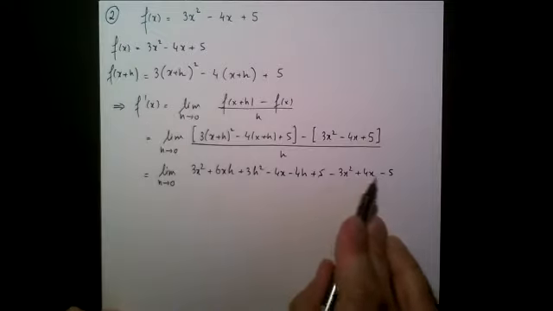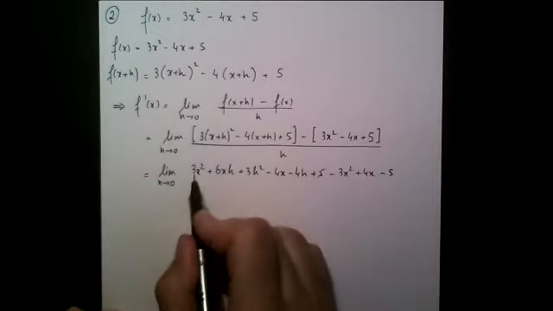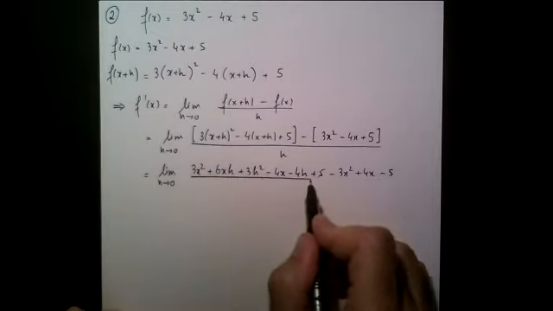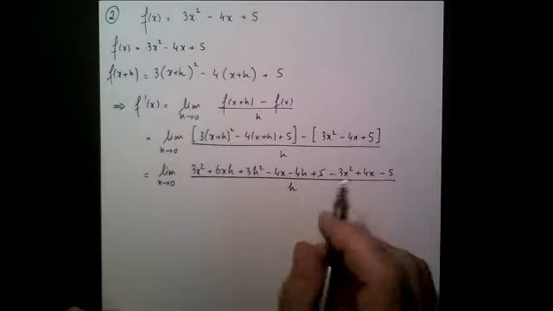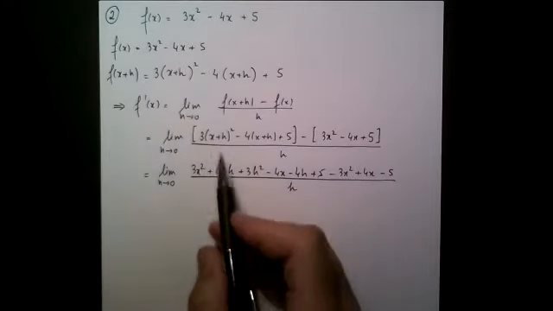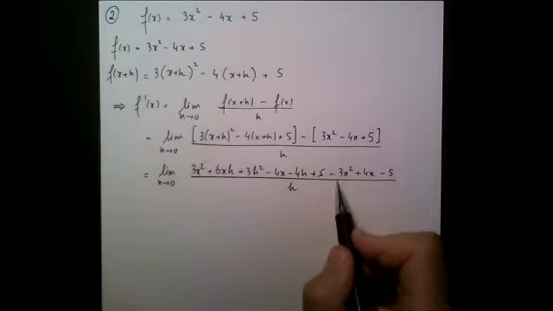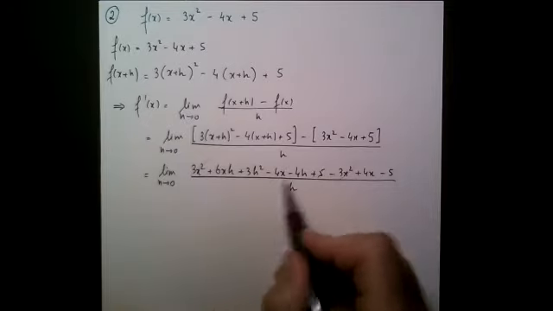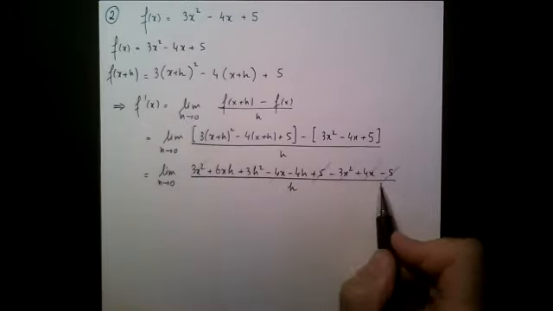I shouldn't forget to change the signs because there's a minus in front of the brackets. And all this over h. And now we could clean up things. So 3x² minus 3x² is out, minus 4x plus 4x, plus 5 minus 5.